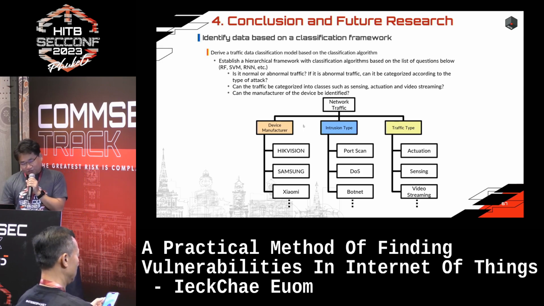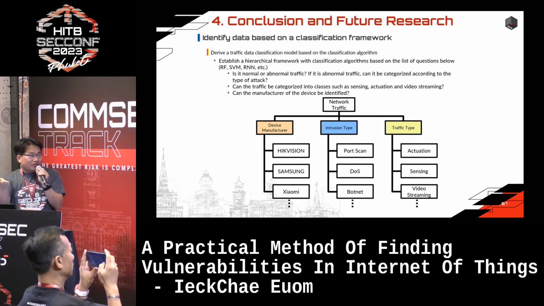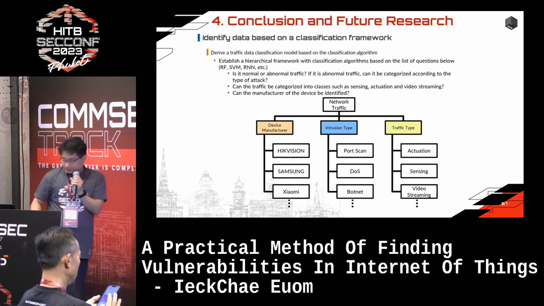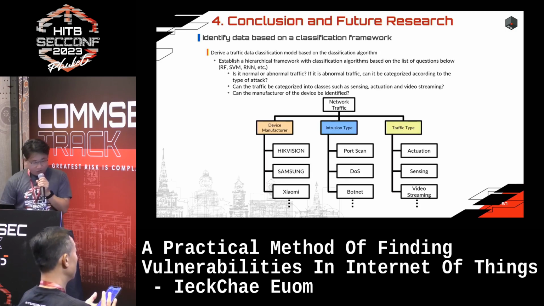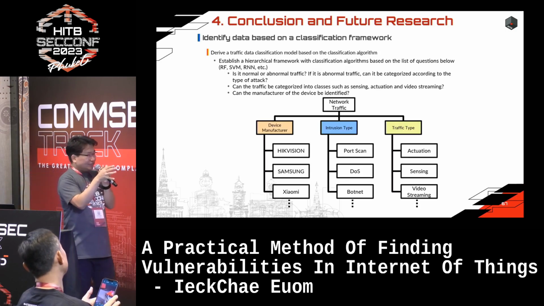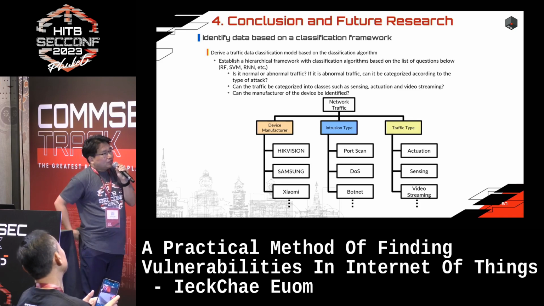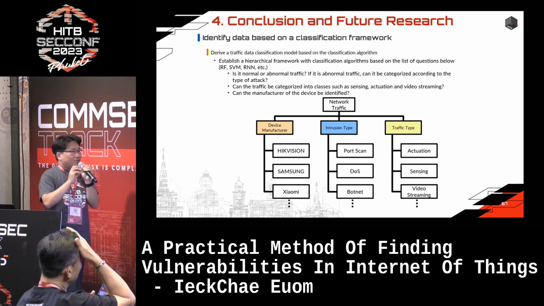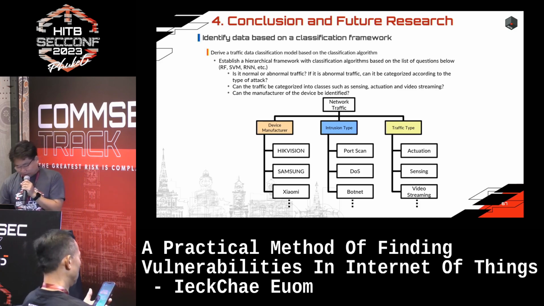Maybe traffic type means the sensor mode, whether it's an actuator or just a sensor, or image or video streaming. So we are now conducting this research on our target devices. Maybe in 2 or 3 months, we can publish a research paper about this research.